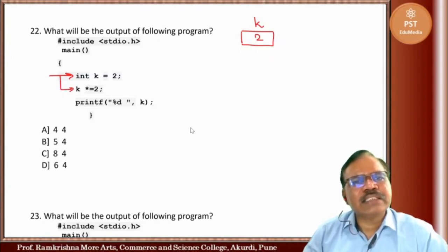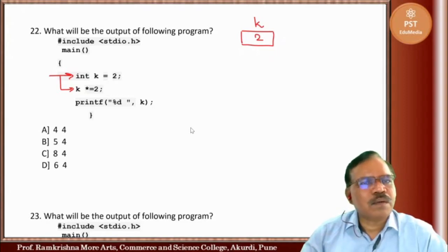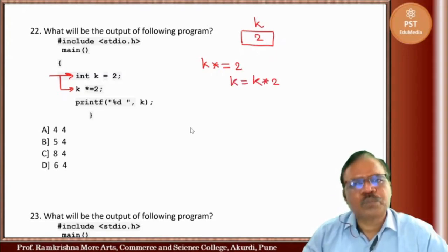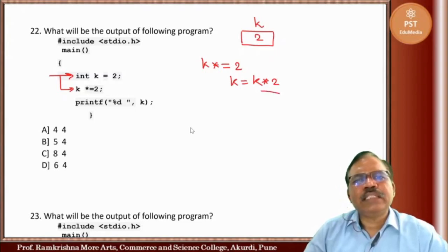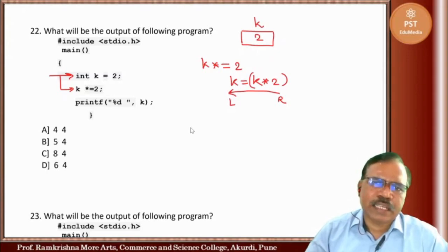The expression is k *= 2, which is a compound assignment operator. It means k = k * 2, and we know the expression is evaluated from right to left.